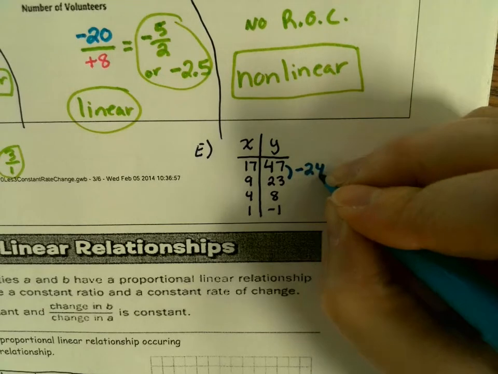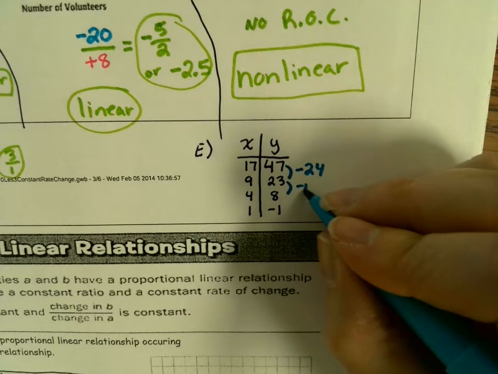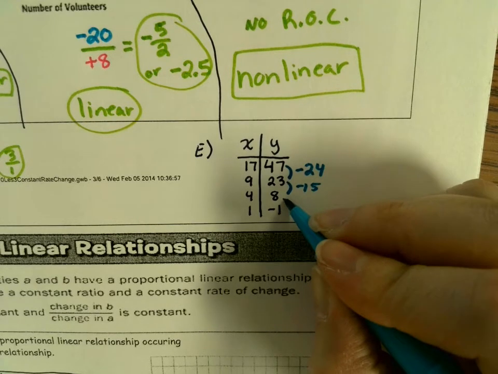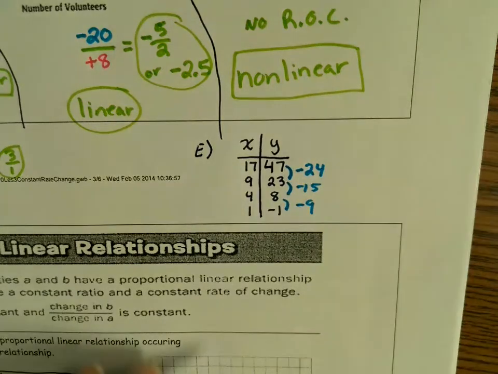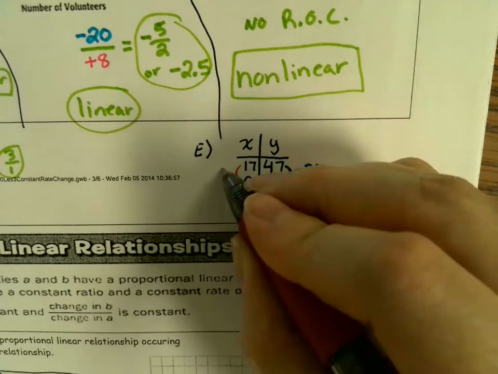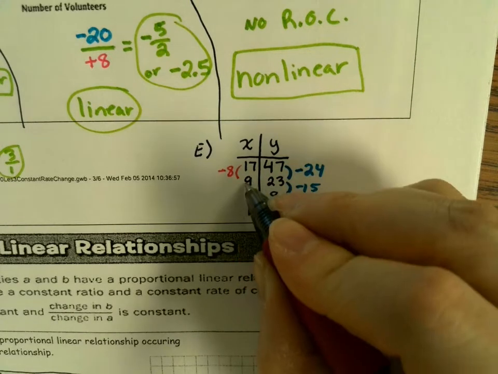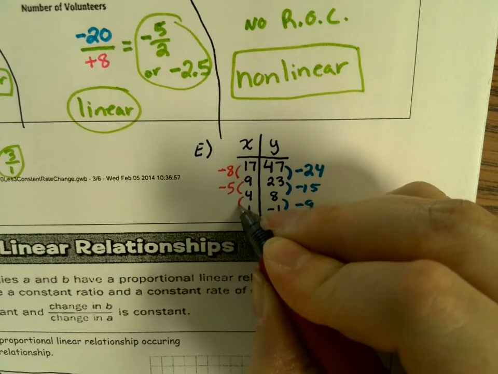We're then going from 23 to 8. That's a decrease of 15. And then we're going from 8 to a negative 1. That's a decrease of 9. And then for our x's, going from 17 to 9, that's a decrease of 8. To go from 9 to 4, that's a decrease of 5. And 4 to 1 is a decrease of 3.